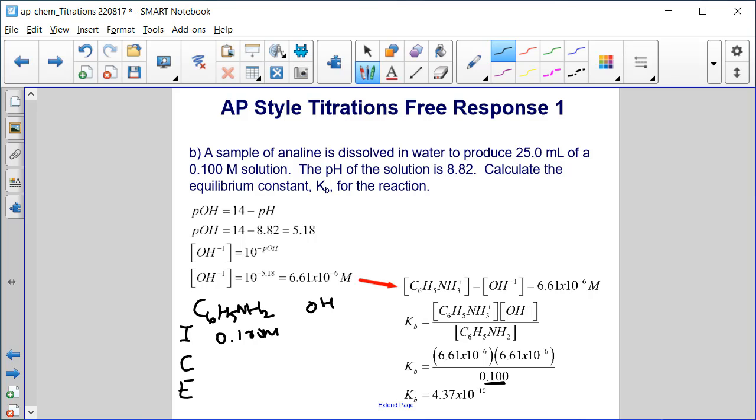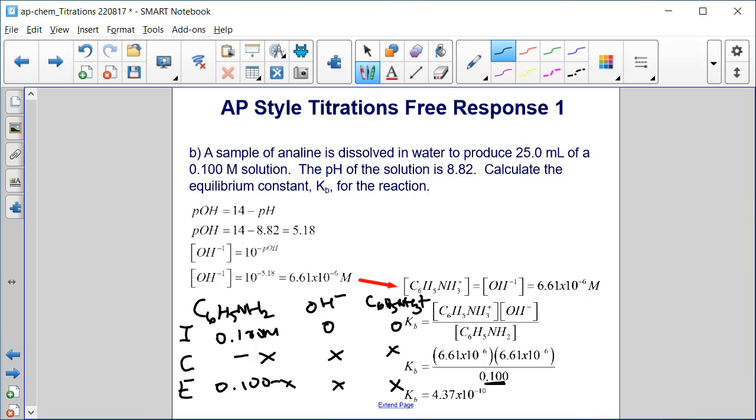And we have no hydroxide, and we have no C6H5NH3 plus, that conjugate acid. And there's some change, which we'll call X, where this dissociates in water, and we've seen that dissociation. Just go back one slide to part A, and the equation is there. And so we're left with 0.100 minus X, X, and X.